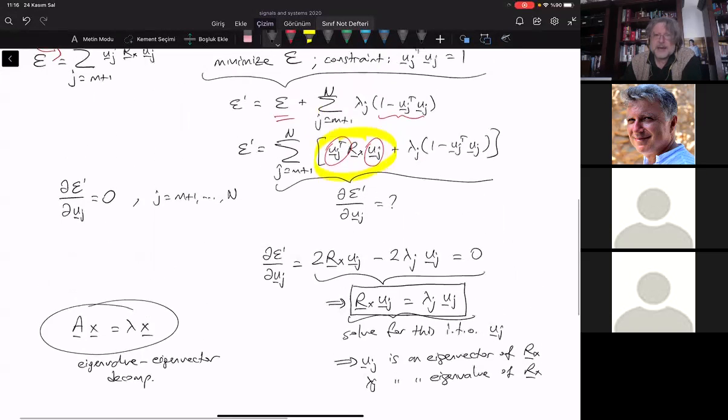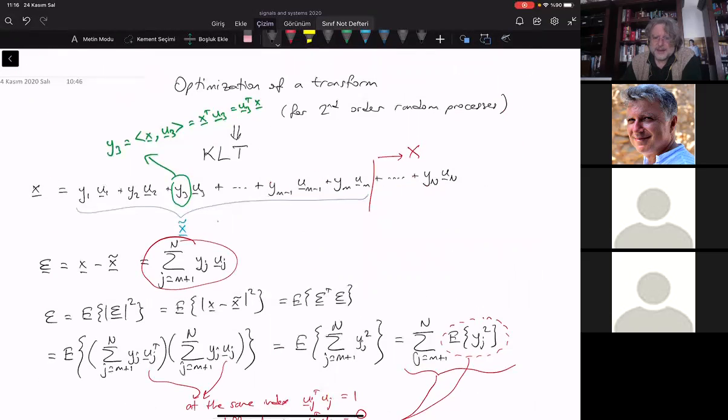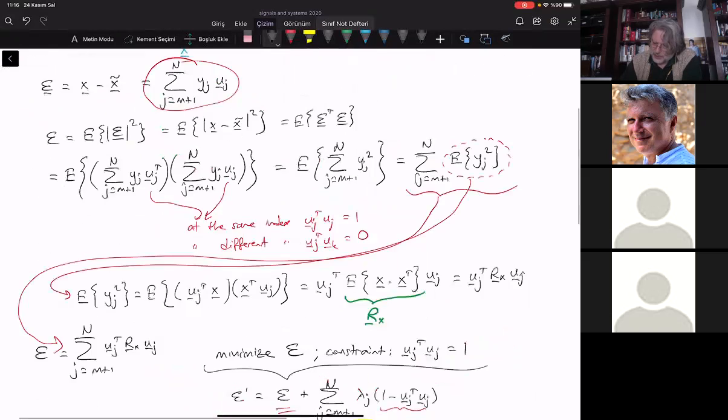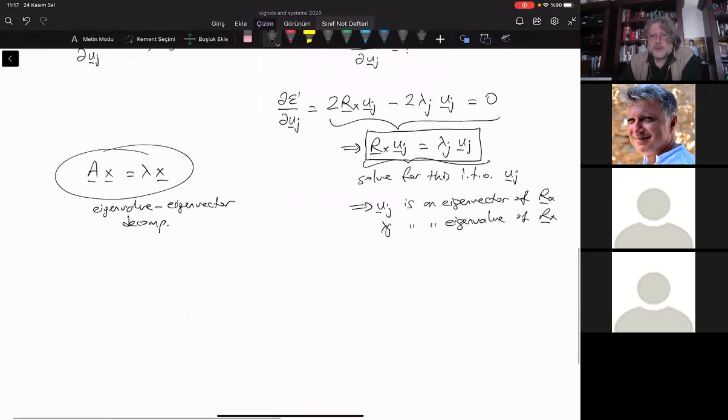We minimize the error like this from the top, and one by one we proceed and found out that the optimization gives us this formula. The basis vectors are eigenvectors. But we are not finished over there, because we have to say which uj is u1, which uj is u2, which is u3.